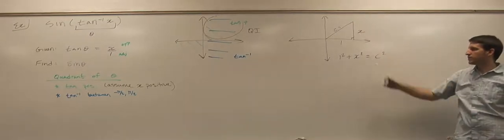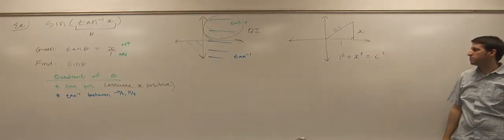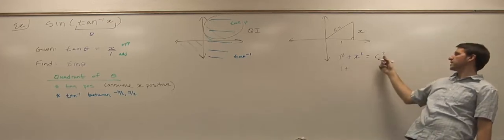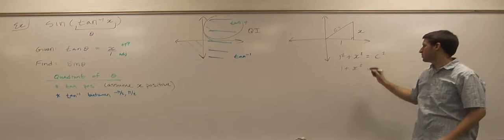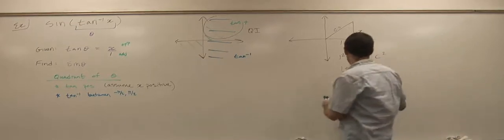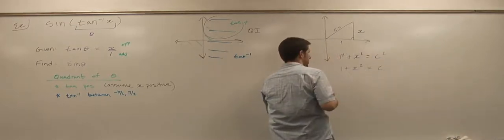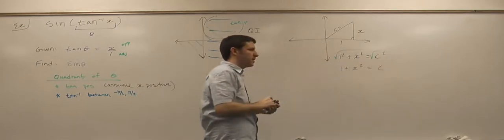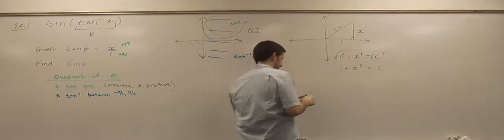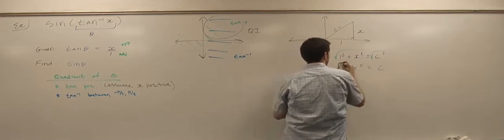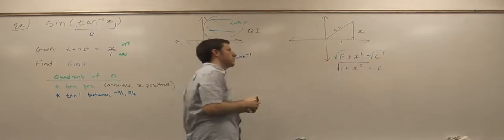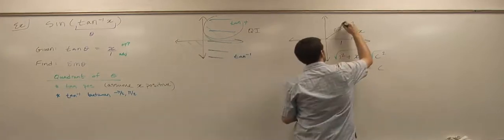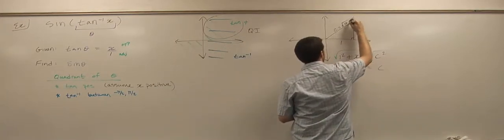And then you solve for c. How do you get rid of the square? The square root. So I have to take the square root of both sides. So c is equal to the square root of 1 plus x squared.